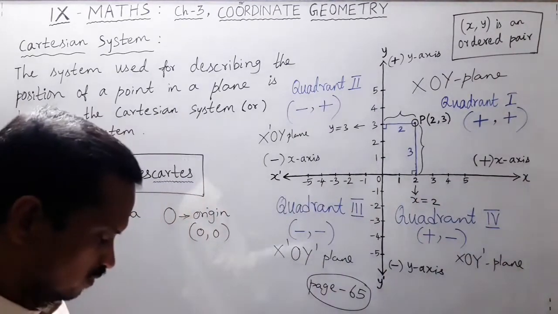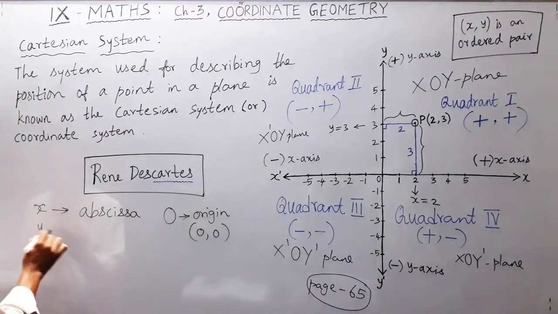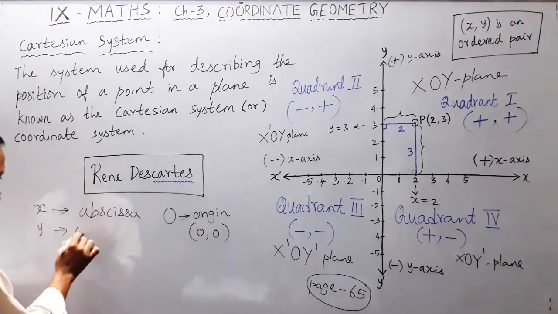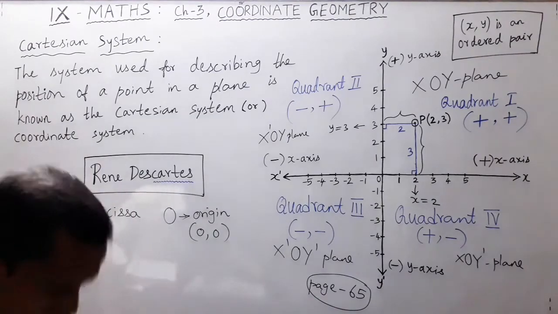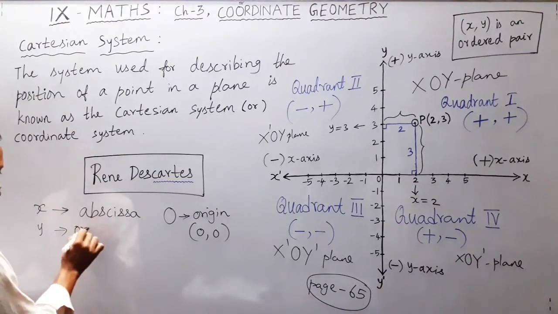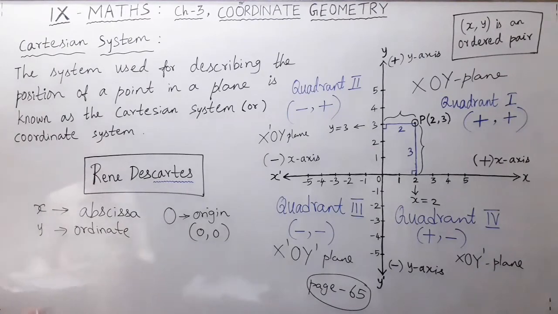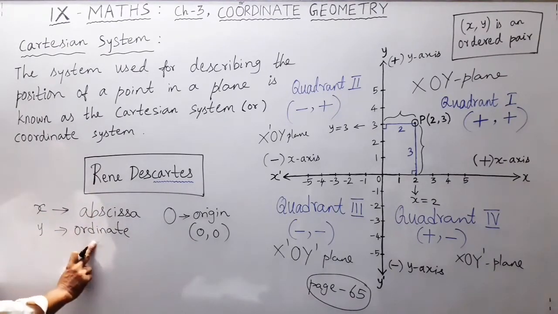And in point number 7, I told you x means abscissa, and the y-coordinate means ordinate. The x-coordinate is otherwise called abscissa, and the y-coordinate is otherwise called ordinate.